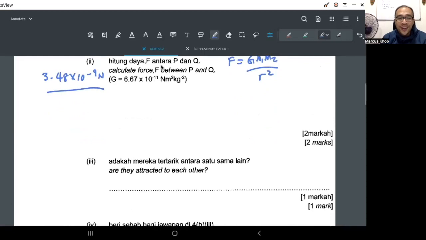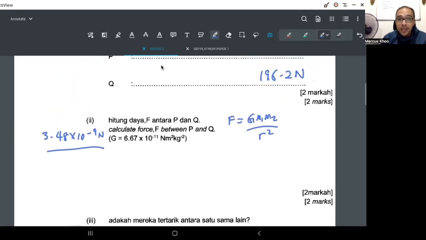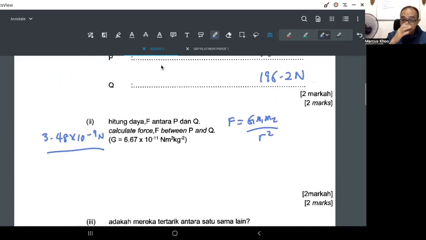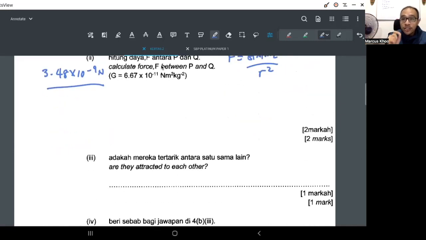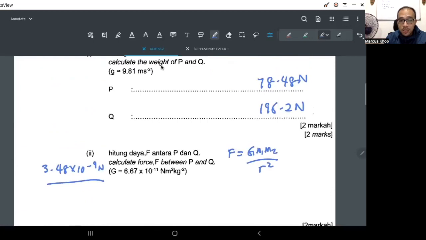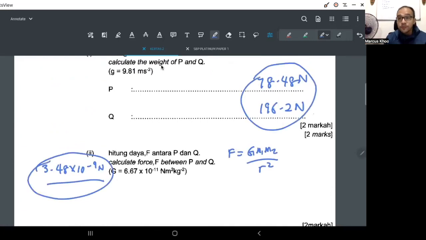So the question is a very interesting question. There is a force of attraction, so don't doubt that. But the question is, are they attracted to one another? So the answer will be no. Why? Because look at the weight and look at the force of attraction.